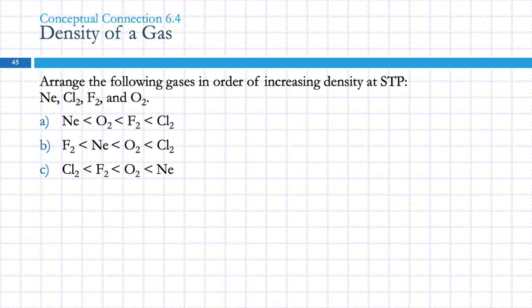So what we're really looking for here is the gas with the highest molar mass to be the most dense, right? So we've got neon is 20, chlorine is 35 times 2, fluorine is 19 times 2, and oxygen is 16 times 2, which is 32.